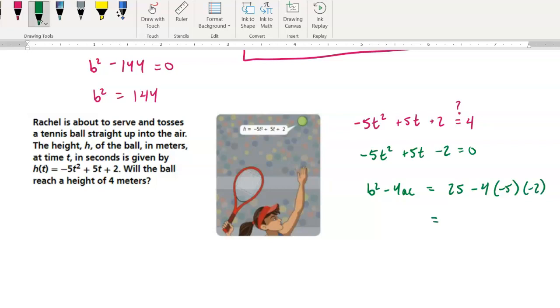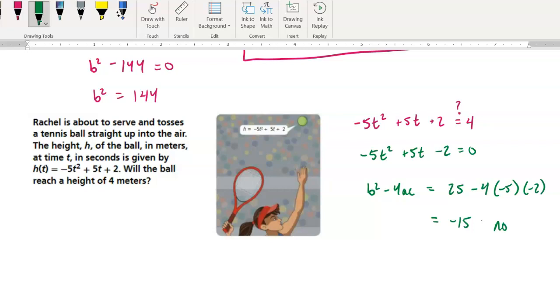And if I type all that in my calculator, I get -15. And -15 is not equal to 0. Okay, that's negative, so it does not hit the x-axis, does not reach what we wanted it to. So in order for this to have worked out, we would have had to have an answer of 0 or more. And so this would be no, it does not reach a height of 4 meters.